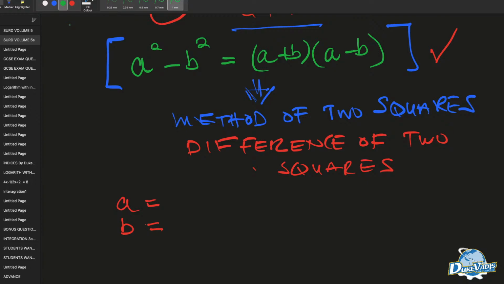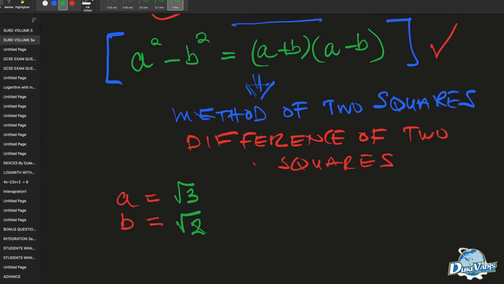If we have A to be root 3 and B to be root 2, and we will come across this, like we have root 3 squared minus root 2 squared.